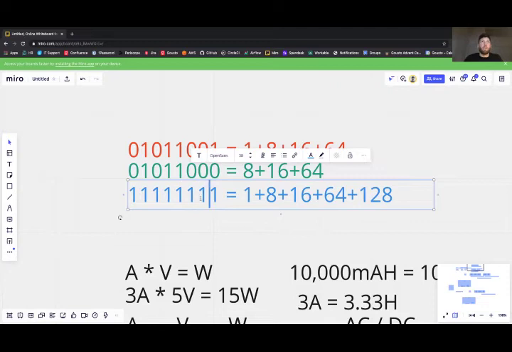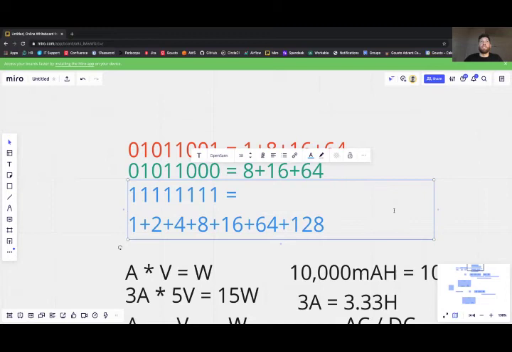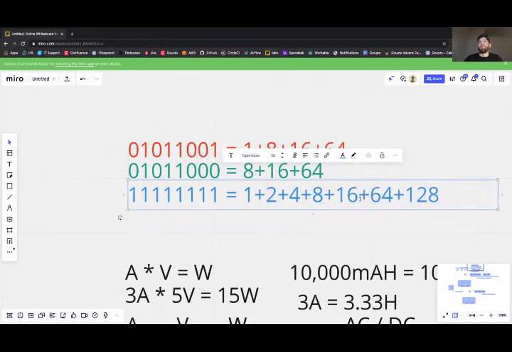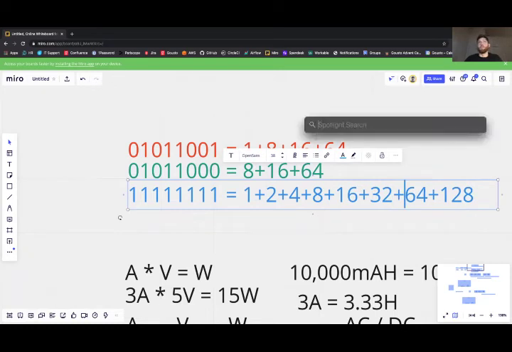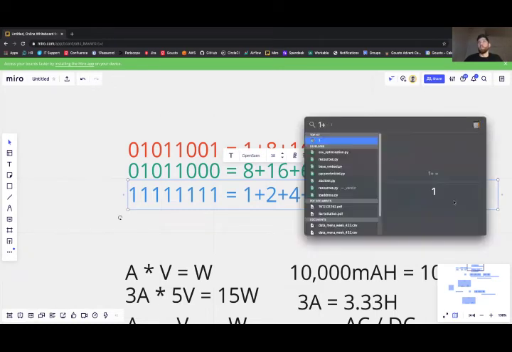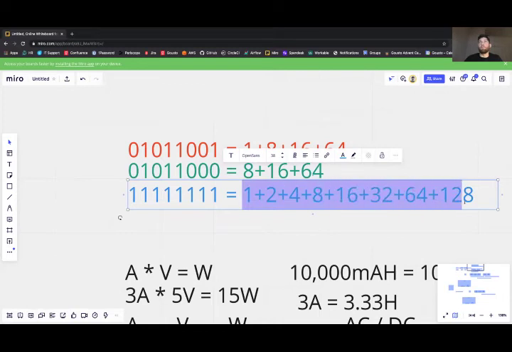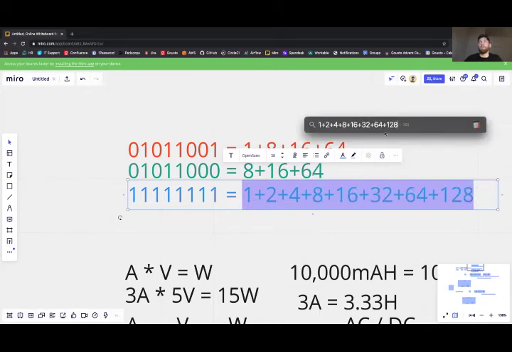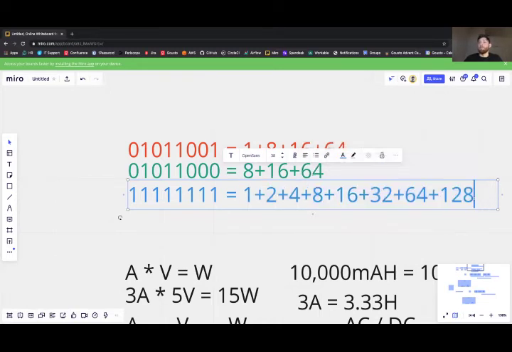If all of the bits were set to 1, that would be 1 plus 2 plus 4 plus 8 plus 16 plus 32 plus 64 plus 128. So 1 plus, hey, let's just copy it in, is 255.